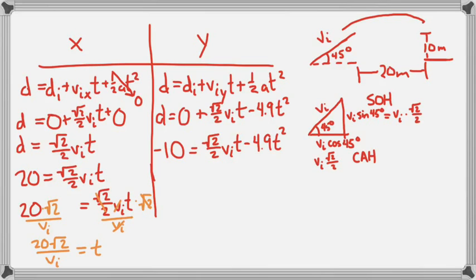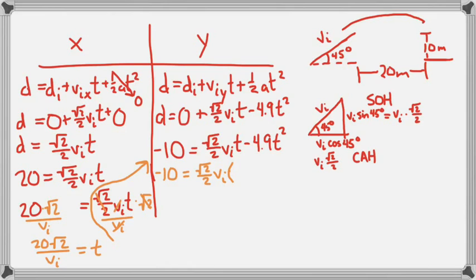All right. Now, I'm going to plug that t in everywhere. Let's snake that around like this. Everywhere that I see t in this equation over here, I'm going to replace it with this expression down here. So let's get started with that fun. Negative 10 equals root 2 over 2 v sub I times, now I've come across a t, so I have to replace it with this expression right here.